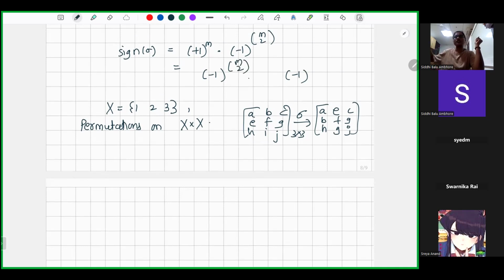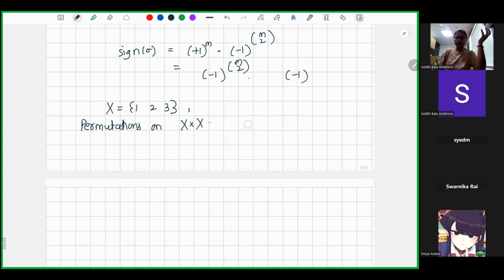How many such compositions do I need to do in order to get my original identity arrangement, everything filled with 1,1 and so on? Okay, so please try to understand. If there is any doubt, please let me know. Are there any doubts here? That seems to be okay.